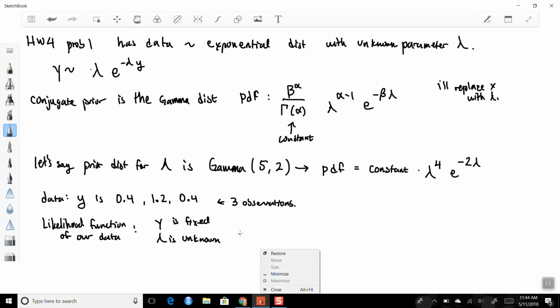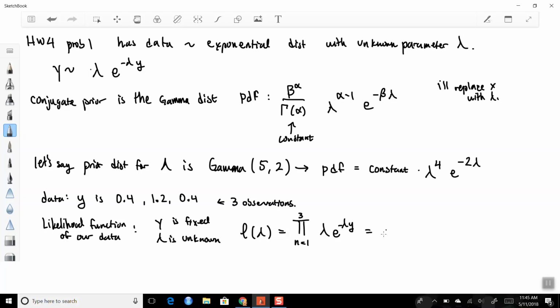The likelihood of my data as a function of lambda is the product from 1 to 3 of the PDF, lambda e to the negative lambda y. My y is coming from this distribution, so each observation has this probability.